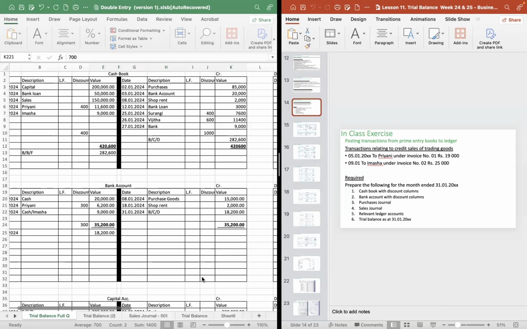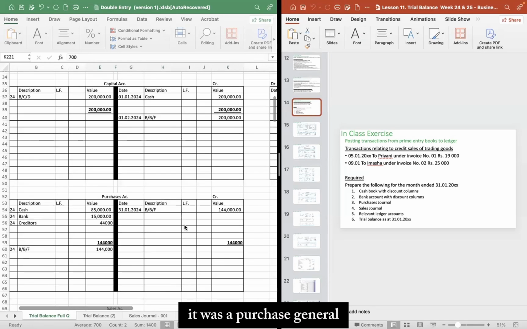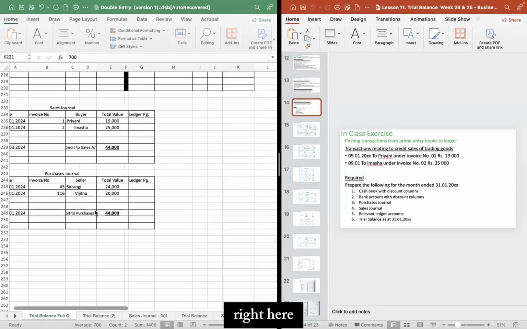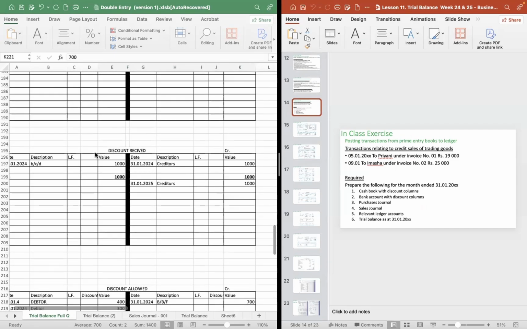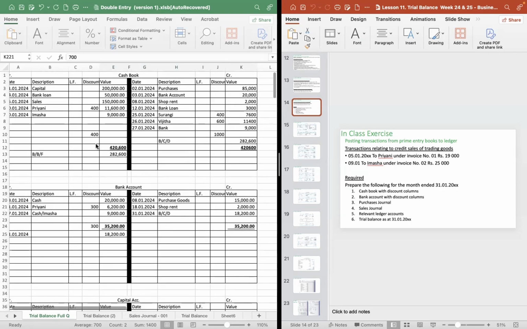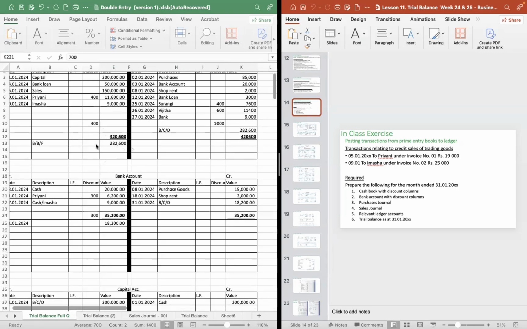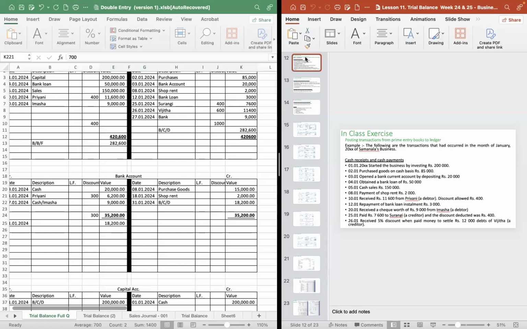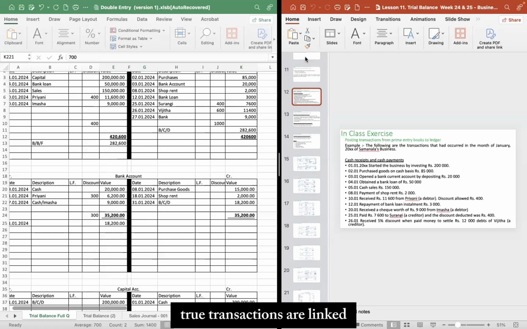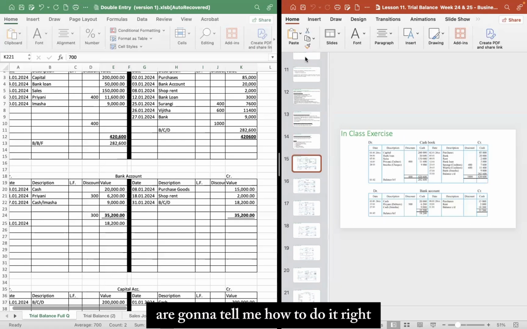Okay. ඊට පස්සේ purchase journal එක හදන්න කියලා කිව්වා. අපි ඒක හැදුවා. Right? Then sales journal එක හදන්න කියලා කිව්වා. අපි ඒක හැදුවා. ඊට පස්සේ relevant ledger accounts ටිකත් අපි හැදුවා. හරිද? අපි ඇත්තටම හැදුවේ මේ raw transactions වලින් අරගෙන, මේ prime entry books වලින් අරගෙන තමයි. Right?